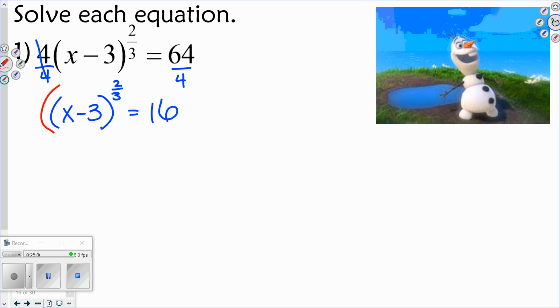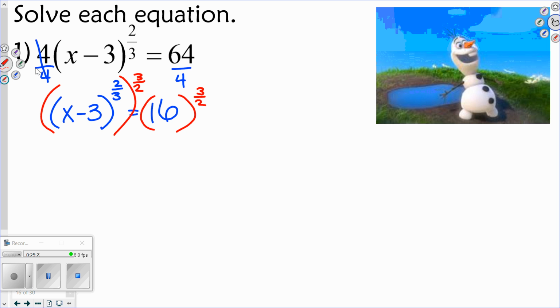Reciprocal. So you're going to raise both sides to the reciprocal. What's the reciprocal of 2/3? 3/2. Let's stop and think about why. An exponent outside here to an exponent would mean you multiply them, right? What's 2/3 times 3/2?